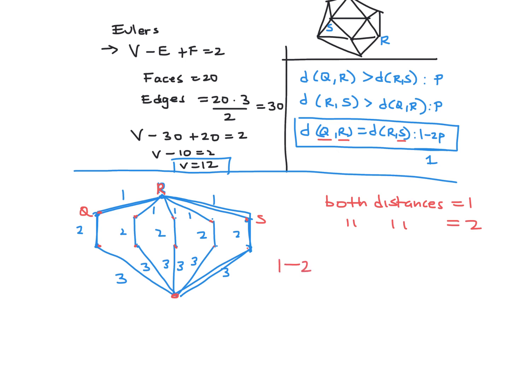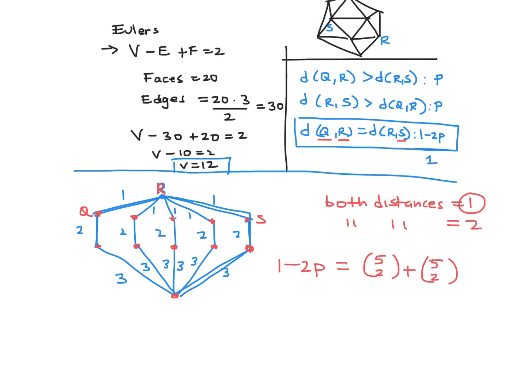So 1 minus 2p: if you have both distances 1, from these 5 you're going to choose 2. I actually illustrated that with my Q and S placings. So from 5, choose 2. That takes care of both distances being 1. If you want both distances to be 2, you'd have to choose from these 5, and therefore from 5, choose 2.